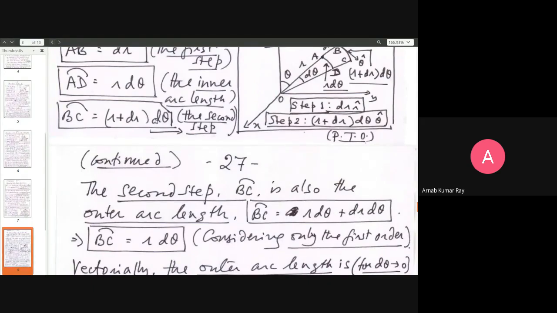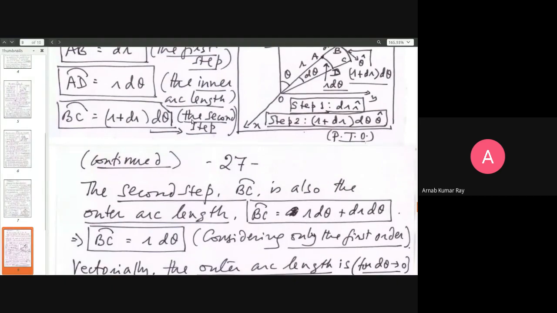You simply put this dr, as it tends to very small values, tends to 0, can be neglected against the r. And so BC is equal to, when you neglect the dr terms, and anyway, you only have to worry about first order derivatives in calculus. That is what you do. So BC arc length is going to be equal to r d theta, and this part dr d theta with two d's will be much smaller compared to a term which contains only one d.